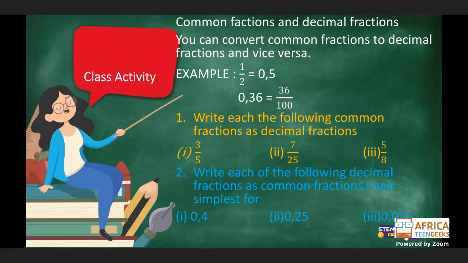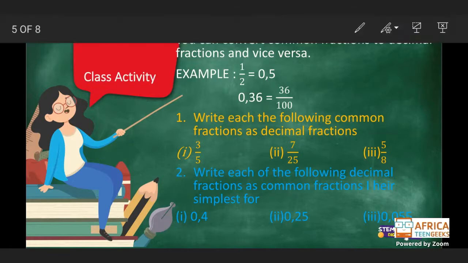And before we can continue, when you think of a decimal, let's write it here: a decimal equals a comma. You can't have a decimal if there's no comma there. It is not a decimal fraction or a decimal number or a decimal if there is no comma.